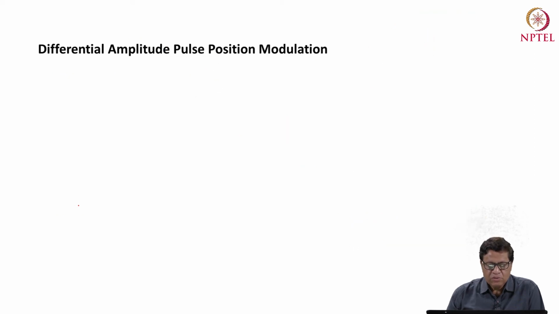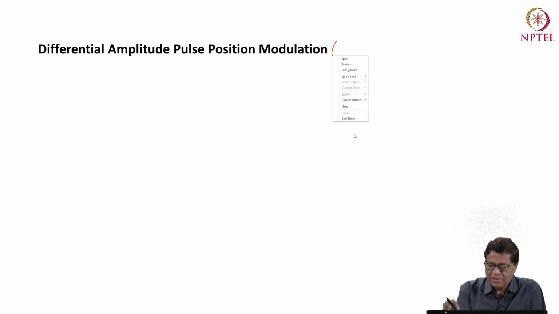Now let us go to another type of modulation scheme, which is called differential amplitude pulse position modulation. This is sometimes referred to as DAPPM.